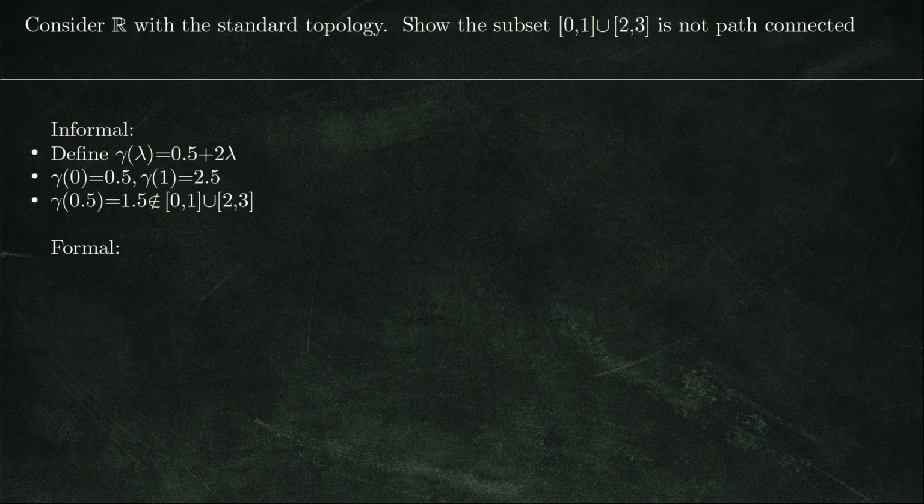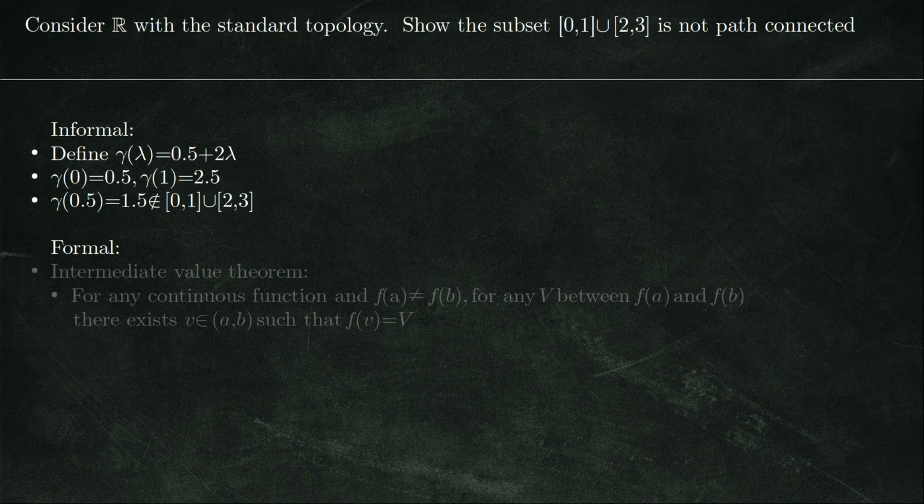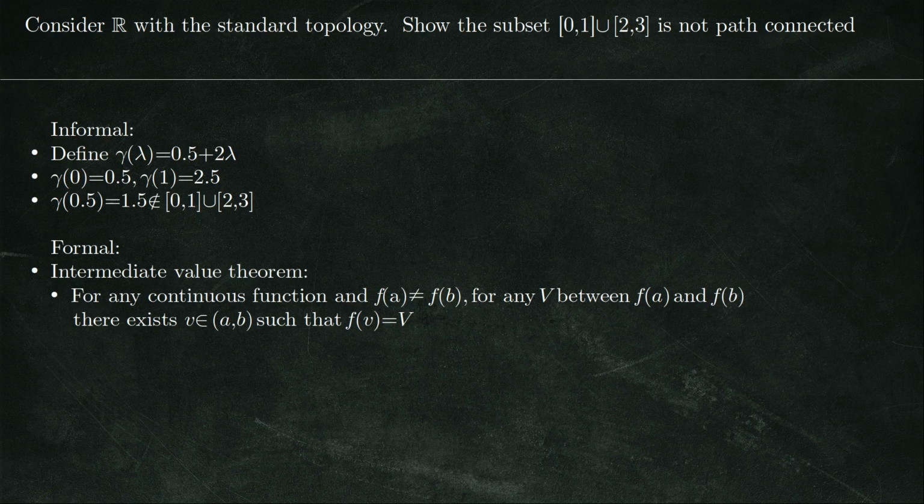More formally, you'll need real analysis for this. Recall that the intermediate value theorem says that for any continuous function where f of a is not equal to f of b, then for any V between them, there exists a little v between a and b, such that f of little v equals big V. Which is basically just saying that we take any point between f of a and f of b, any function that goes from one to the other will cross every value in between.